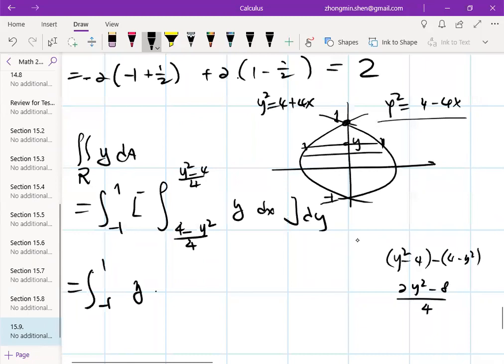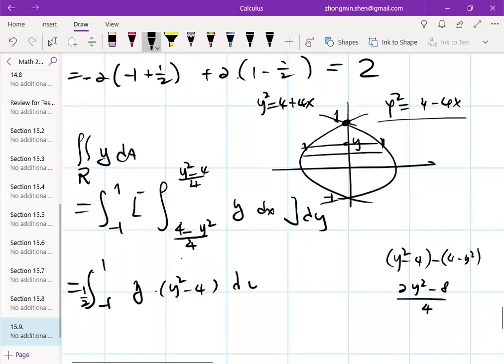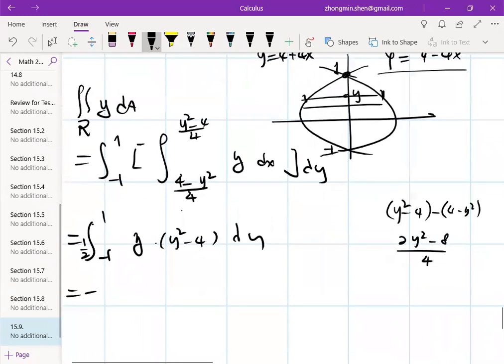Then I divide by 4, right? If I take a 1/2 out, all right, so now the antiderivative is a little bit complicated.